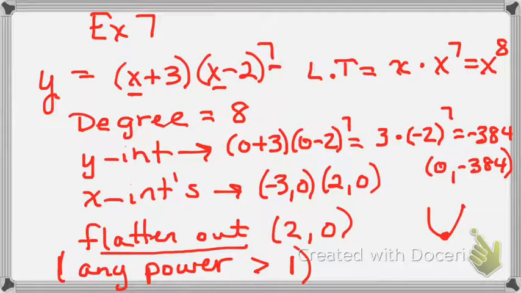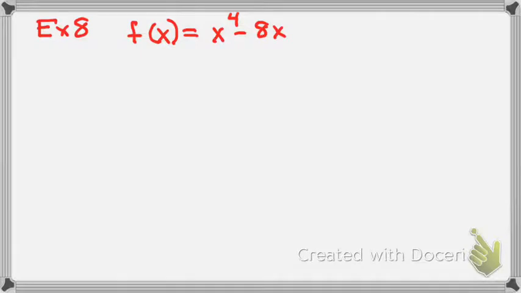All right, example 8, last example. This one's in standard form instead of factored form. So we have x to the 4th minus 8x cubed plus 12x squared plus 24x minus 45.